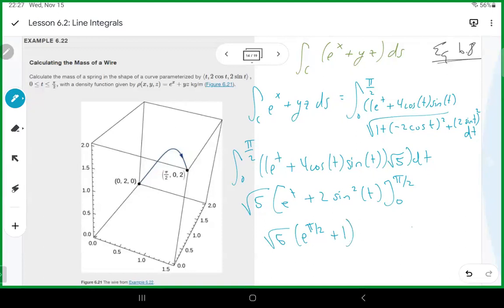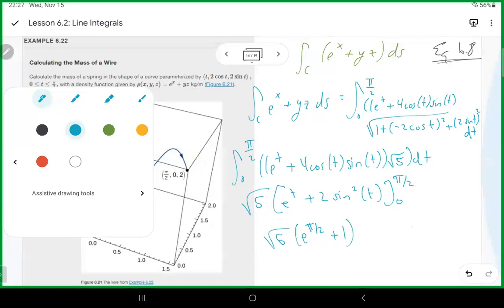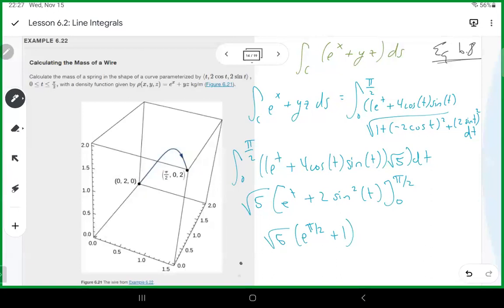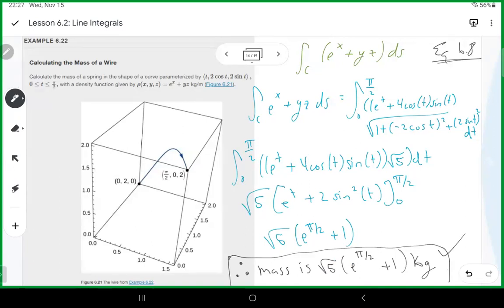So that means this problem just proves to you guys that you can have some pretty nasty answers. So don't think that you're wrong just because the answers are gross.